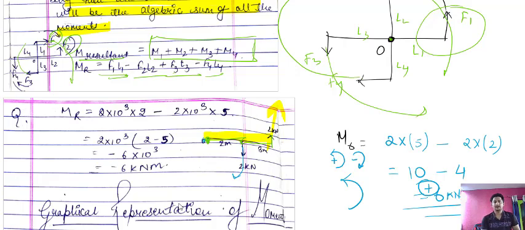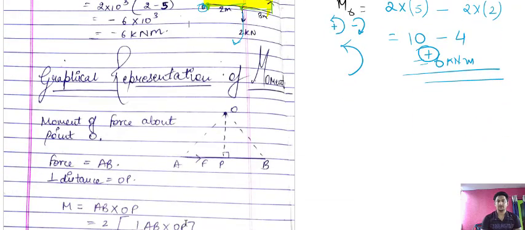You can see the other thing: for calculating the moment at this point, I have assumed the clockwise moment as positive and the anti-clockwise moment as negative. Okay, for that you can write down that if I have assumed the opposite direction, clockwise is positive and anti-clockwise is negative.